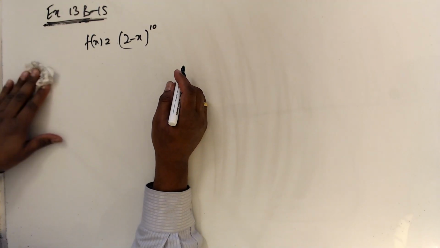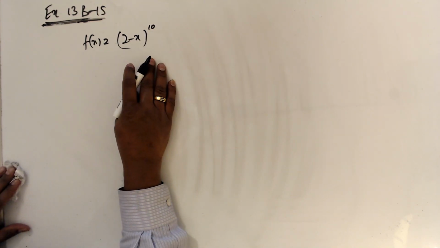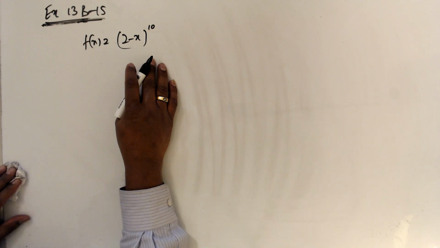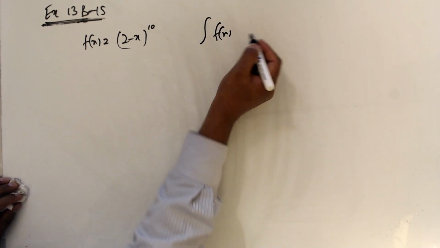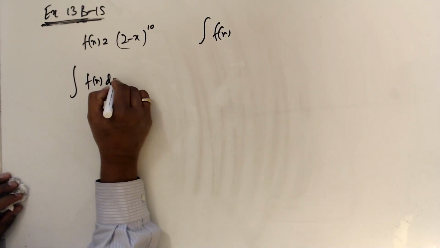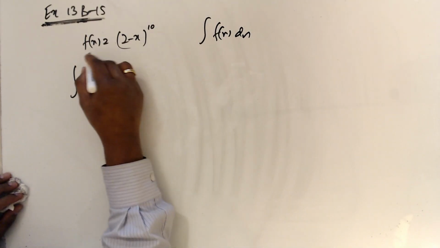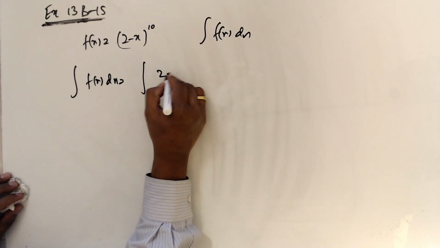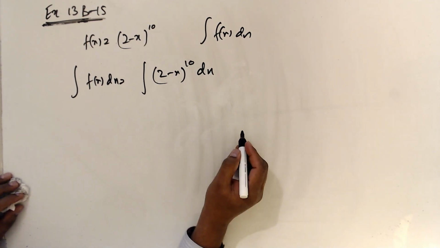This is question number 15. So f(x) equals (2 minus x) to the power 10. Part B, they are asking to find an approximation to the integral of f(x). So I'll put the integral of f(x) dx for the left side and the integral of (2 minus x) to the power 10 dx.